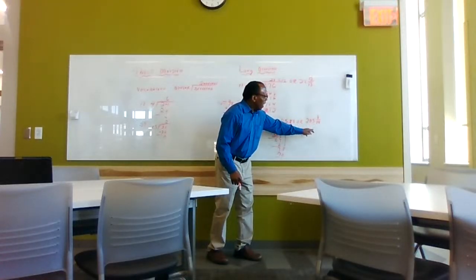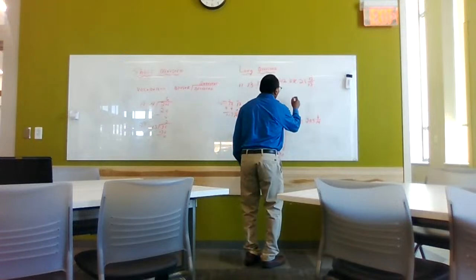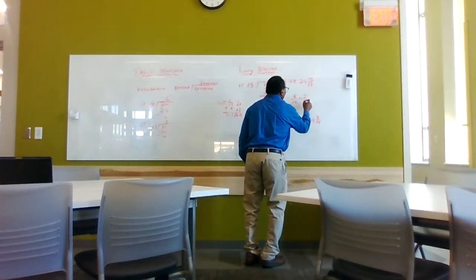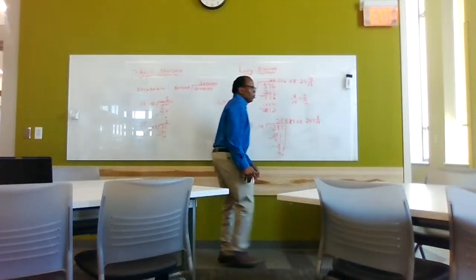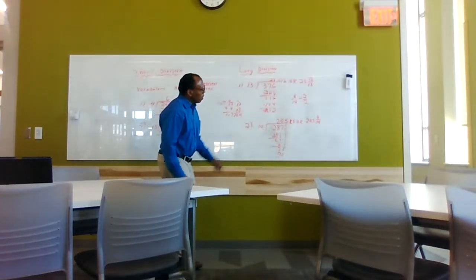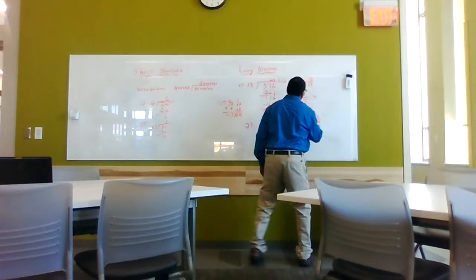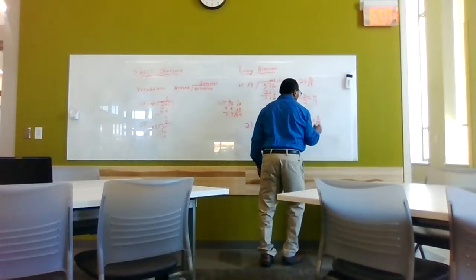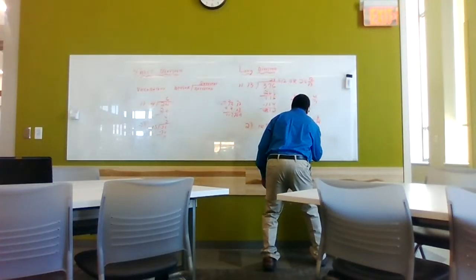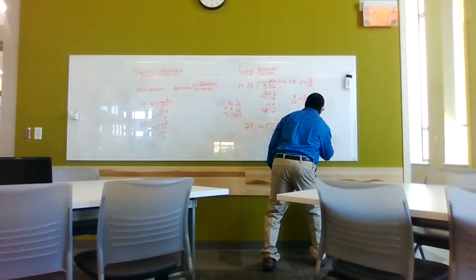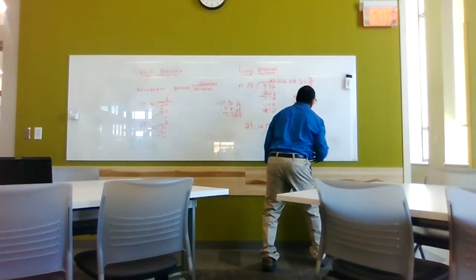Now, I know because 8 and 14 are even numbers, I know that 8 and 14 both are divisible by 2. Okay? 8 divided by 2 right here is 4. 14 divided by 2 is 7 right here. So my answer right here, with my reduced fraction, is going to be 205 with 4 over 7.